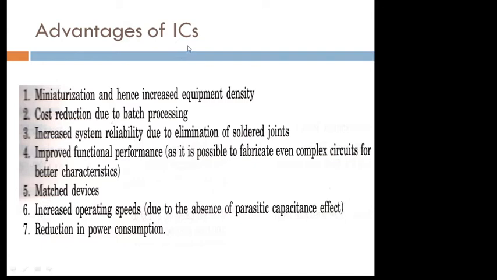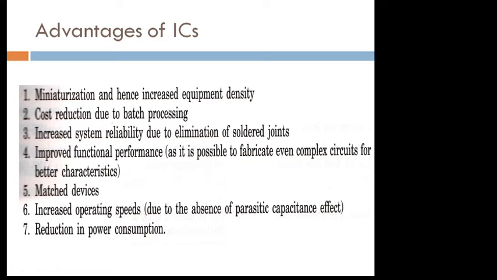Whereas in case of an IC, since they are on the same platform, they are highly dense, there is no soldering material, so overall, and they are matched devices, the speed is increased. And the last one is all IC components are very tiny, and therefore they require a very small amount of power, and therefore you can get a drastic power reduction.